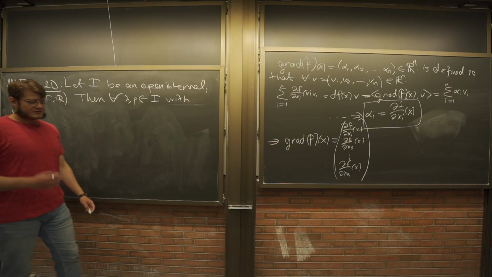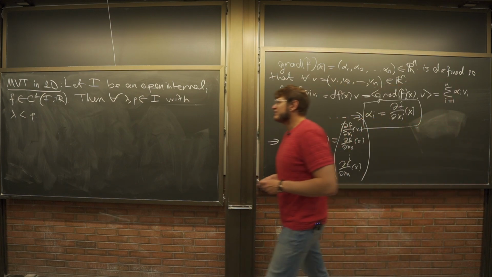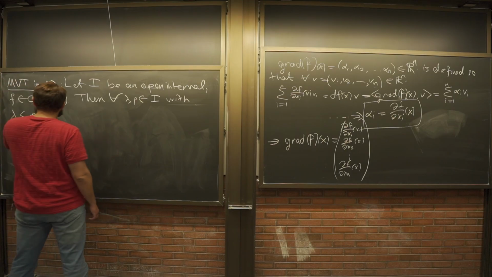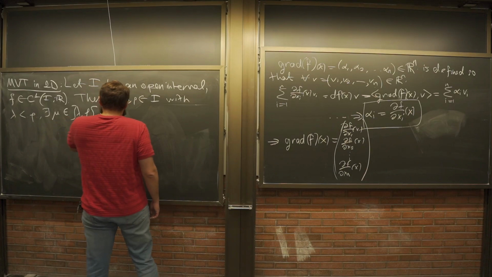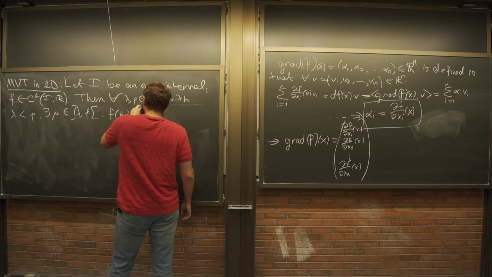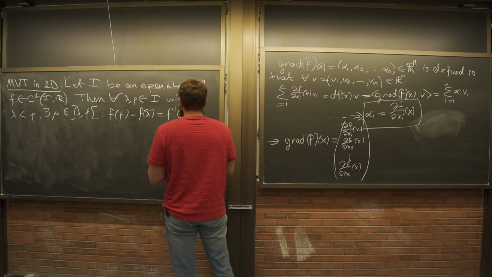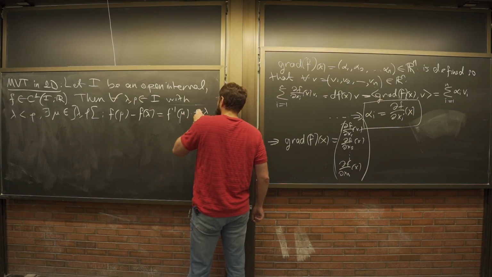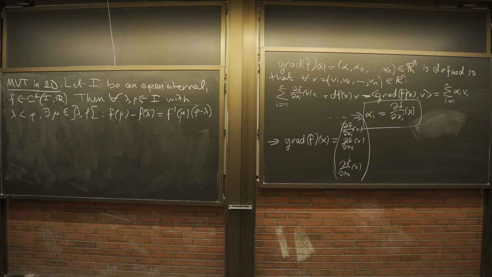It says that there's a point, a midpoint, let's call it mu, where the rise over run is exactly f prime of mu. f of rho minus f of lambda equals f prime of mu times rho minus lambda. Okay. Do we remember this statement from 3210?